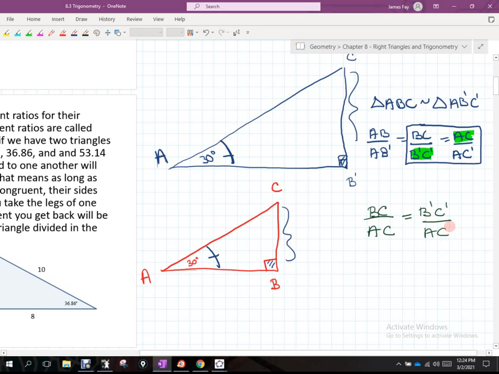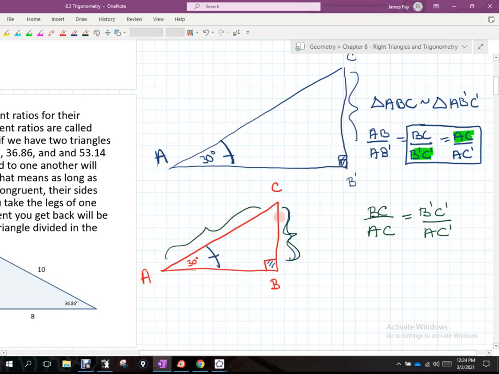A C prime. Now, the reason I want to do that, look at what I'm comparing. Look at this first fraction. Now I'm comparing BC, which is that side right there, to AC. I stayed in the same triangle, didn't I? Previously, it was jumping from one to the other, comparing one part here to one part here.